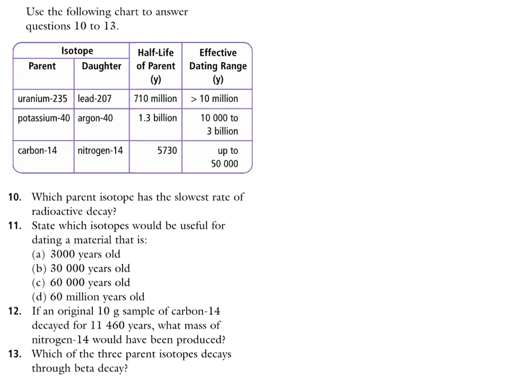So when you're doing carbon dating, the half-life for carbon is 5,730 years. But the effective range of using carbon dating is limited: it can't figure out how old something is if it's more than 50,000 years old. So carbon dating is really good for figuring out things about human beings, Ice Age kind of stuff.